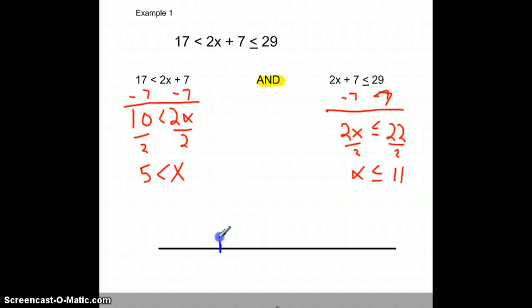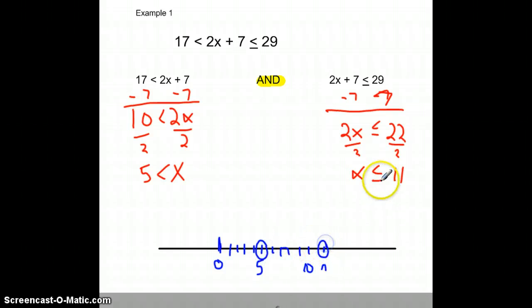So let's just say 0 is over here, and 1, 2, 3, 4, 5, that will go up 6, 7, 8, 9, 10. Here's 11. So here are our boundaries.